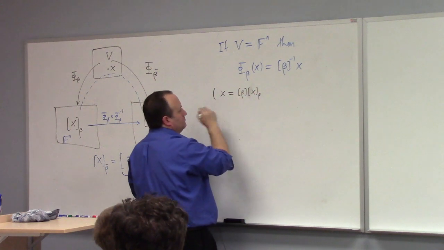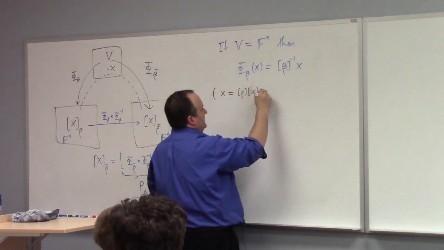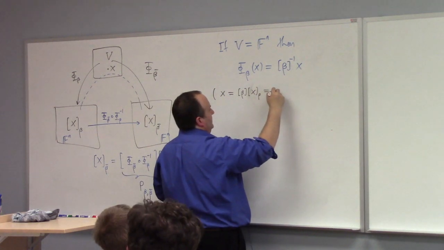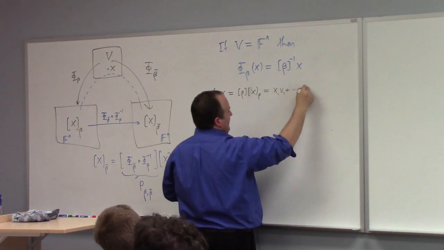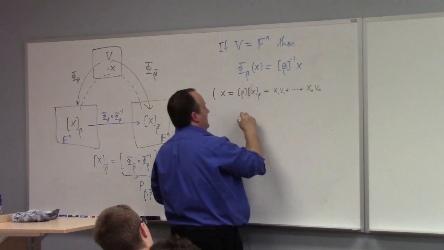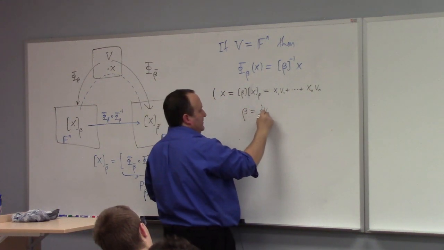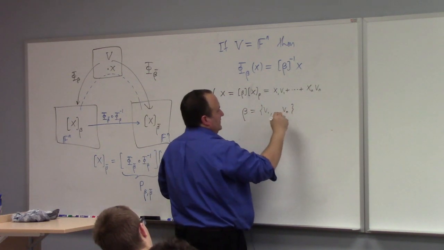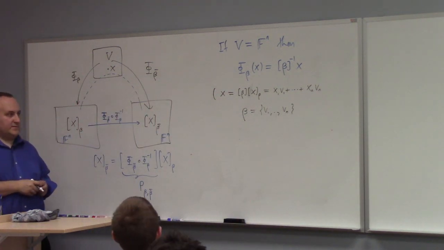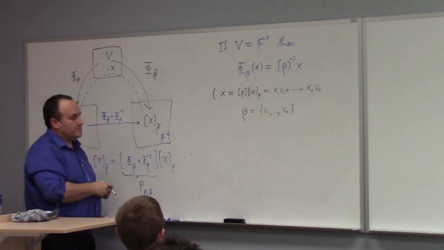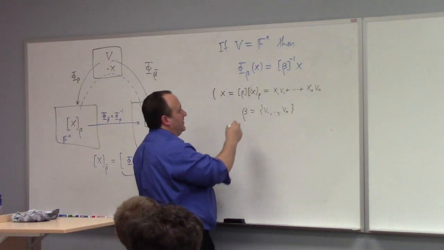So this would literally be x1 v1 plus and so on plus xn vn, if my basis was v1 through vn. So this is my linear combination of the coordinates of x with respect to the, maybe I'll put a bar here just to be weird.